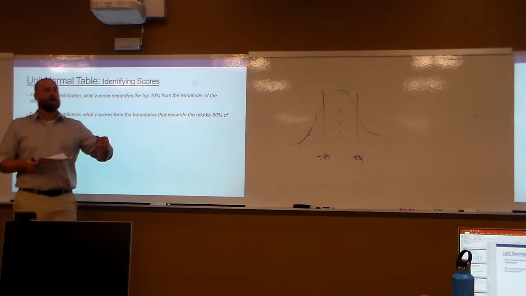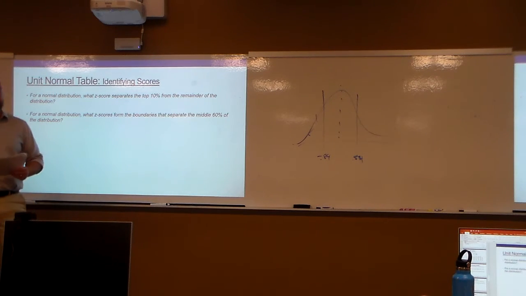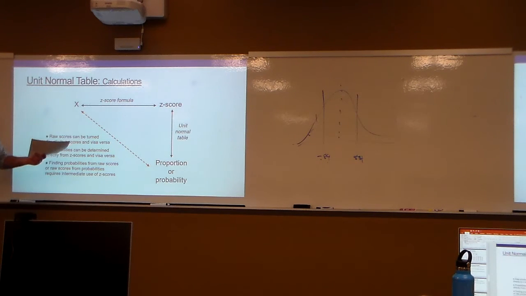Again, this works if you've got a well-known measure with norms for the population you're looking at. So with our unit normal calculations, I can take raw scores to z-scores directly. I can take z-scores to probabilities or proportions directly.